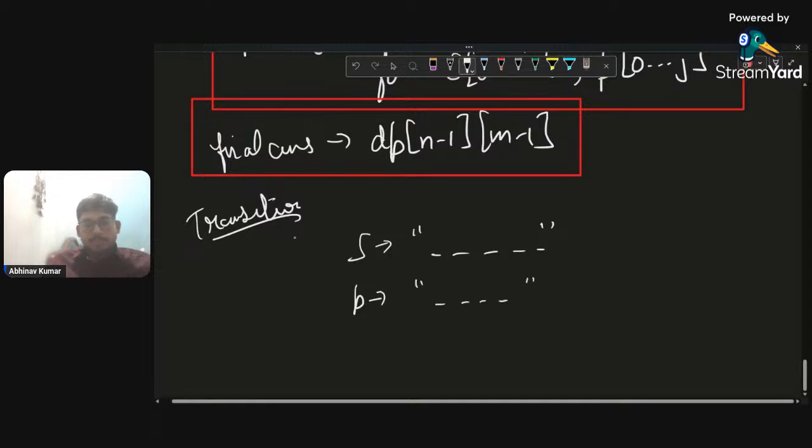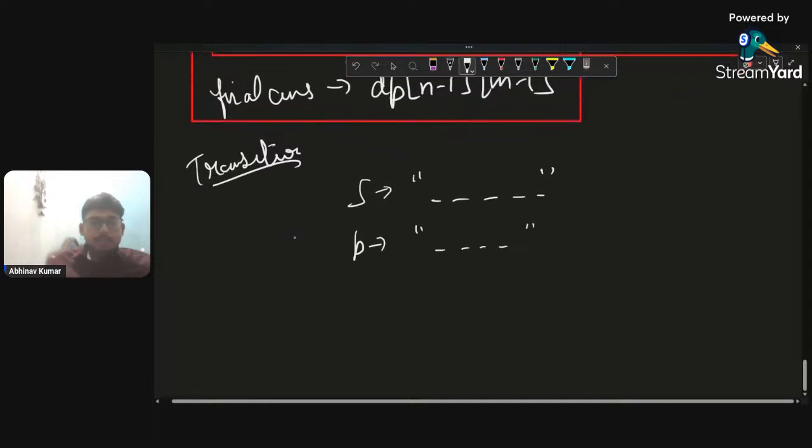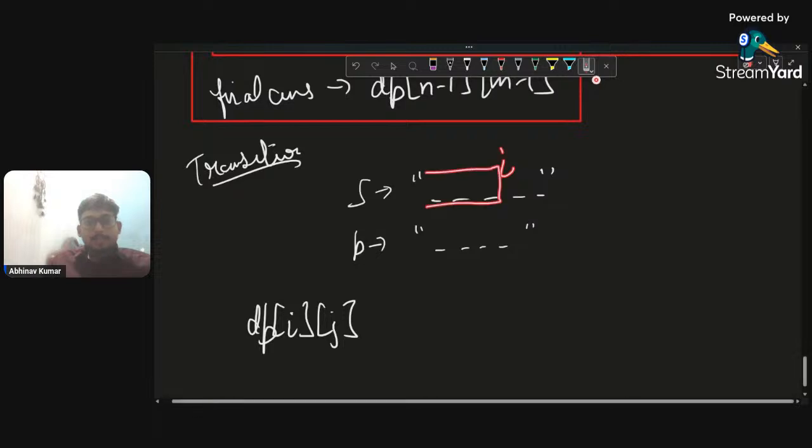Through DP[i][j], I'm denoting that if I am at some index i, this is my source for this index i, and if I am at some index j, this is my pattern for this j. So I need to write this in terms of i-1 and j-1. That's what we do while writing the transition.